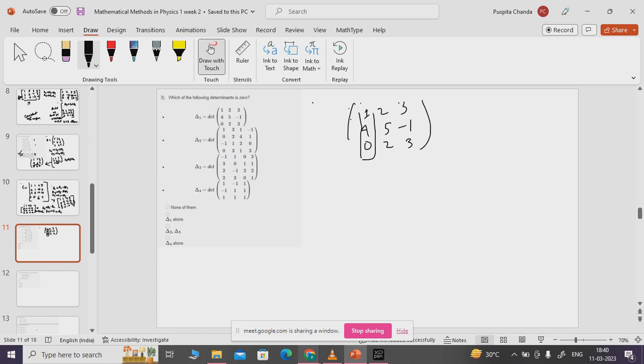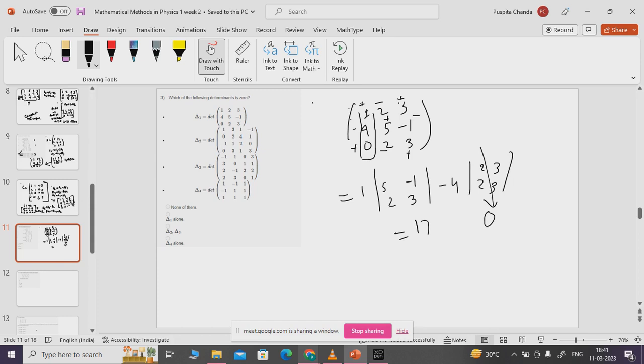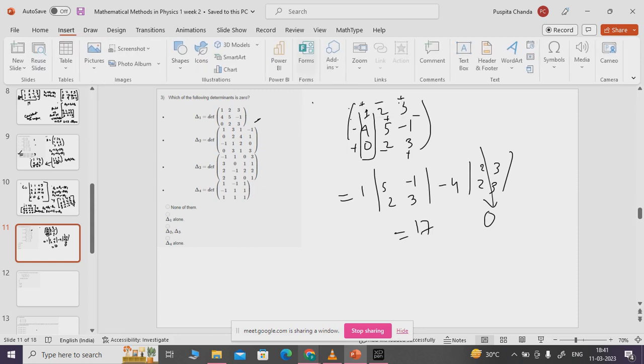The signs for the expansion of determinant are plus, minus, plus, minus, plus, minus, plus, minus, plus. So it will be 1, and cofactor of this 5 minus 1 2 3 minus 4 into cofactor 2 3. So this will become 0 and it is 17. So the determinant of this is not 0.